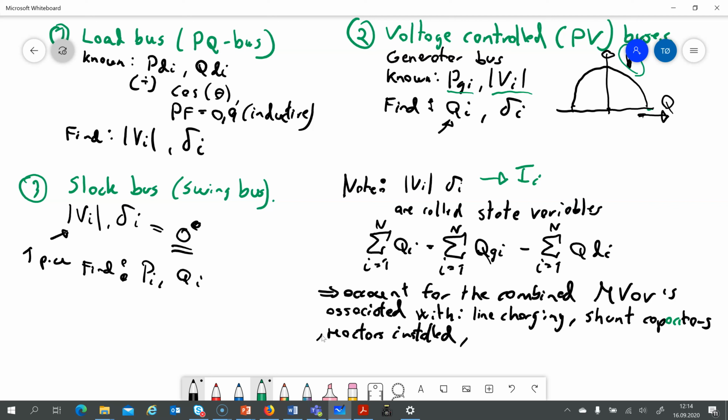And then you calculate the I squared X in the series of the transmission line. So this is also something you can calculate.